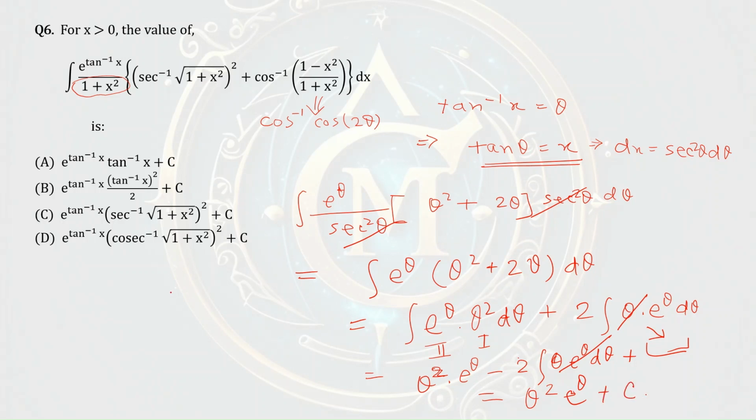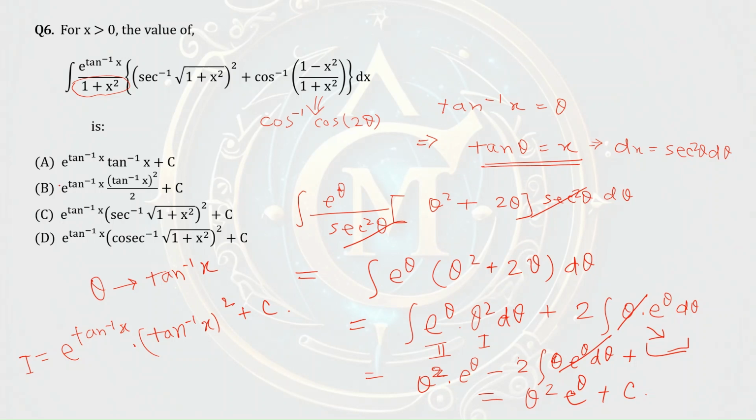Now here theta we replace with tan inverse x to get our final answer. If we replace theta by tan inverse x, we will get e to the power tan inverse x times tan inverse x whole square plus constant. This is the integral. Now be careful.